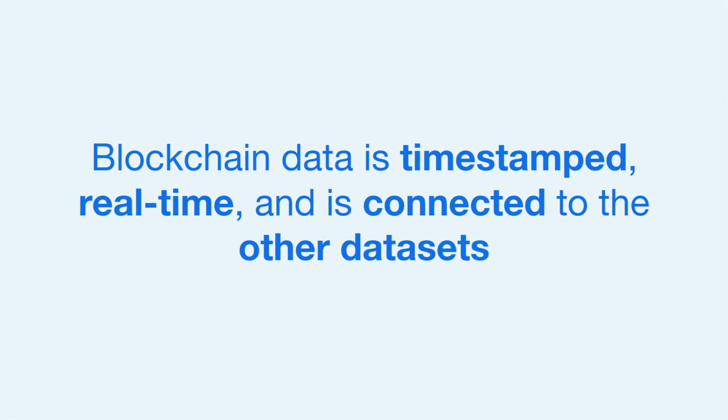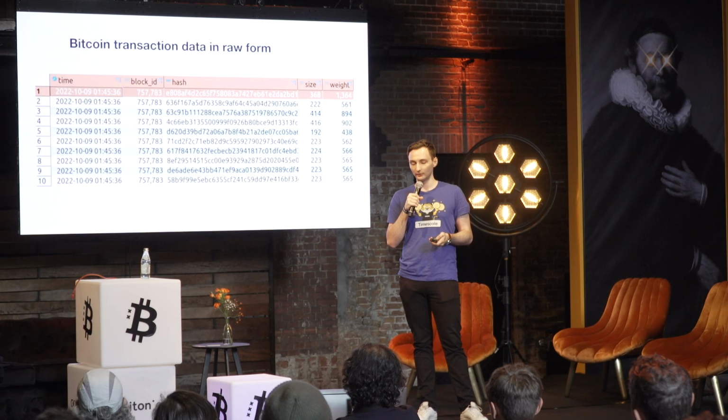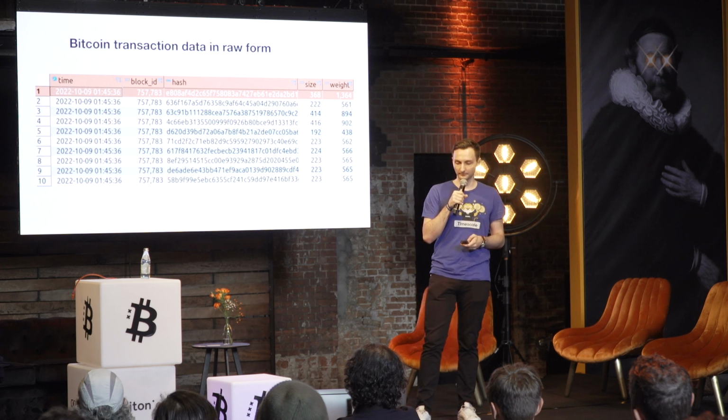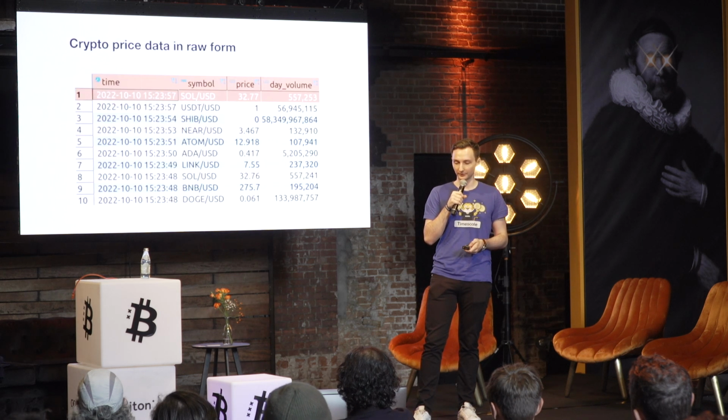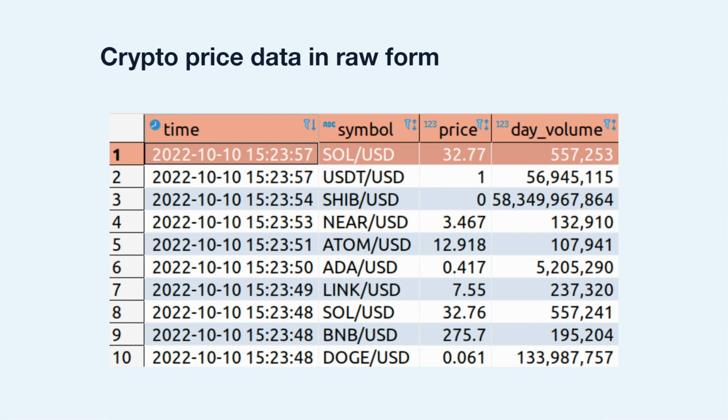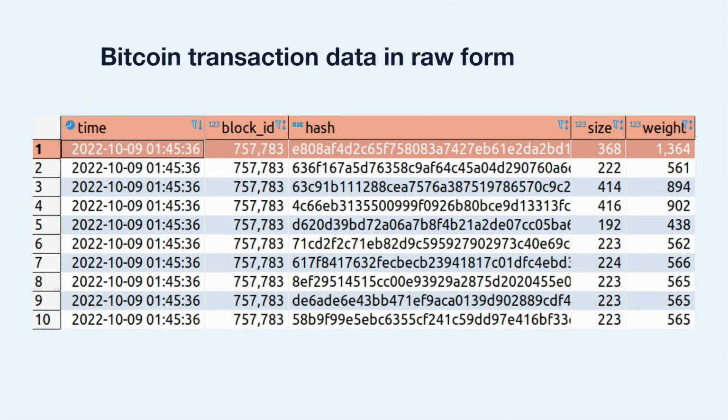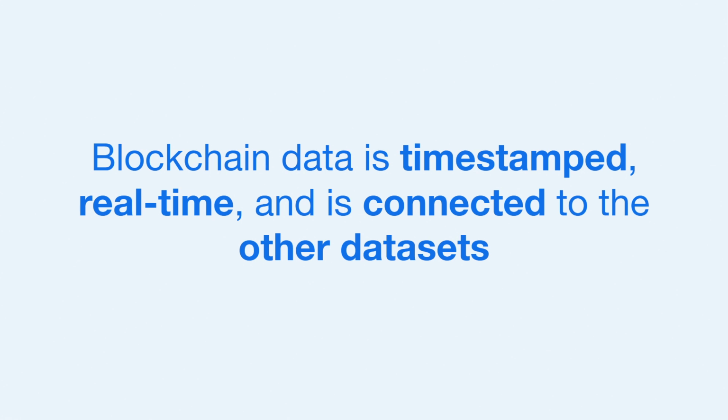And if we look at this raw data, and we look at the previous raw data example from a different data set, we can notice a few things. Both can be considered blockchain data because they show you information about the blockchain, but both data sets are time-stamped.